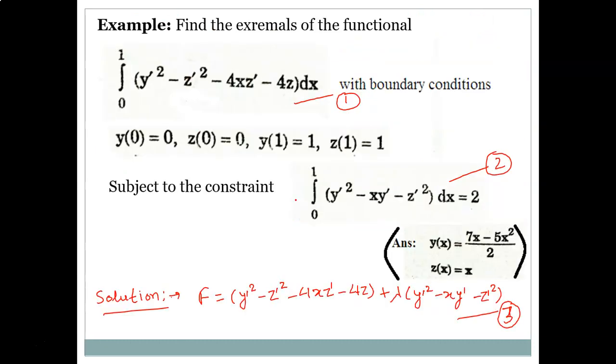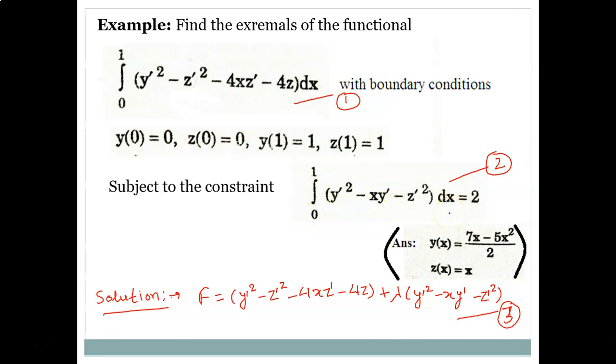Now the second example. Here, find the extremal of the functional which involves two variables y and z, and their first order derivatives, with boundary conditions given over here, subject to this constraint.